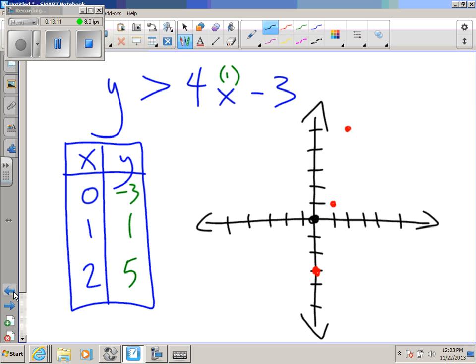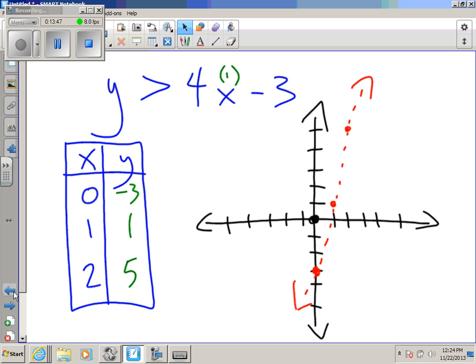When I decide to graph, and it's just a regular less than or equal sign, I'm going to connect these dots with a dotted line. The dotted line means that the points that lie on that particular line may not be actual solutions.